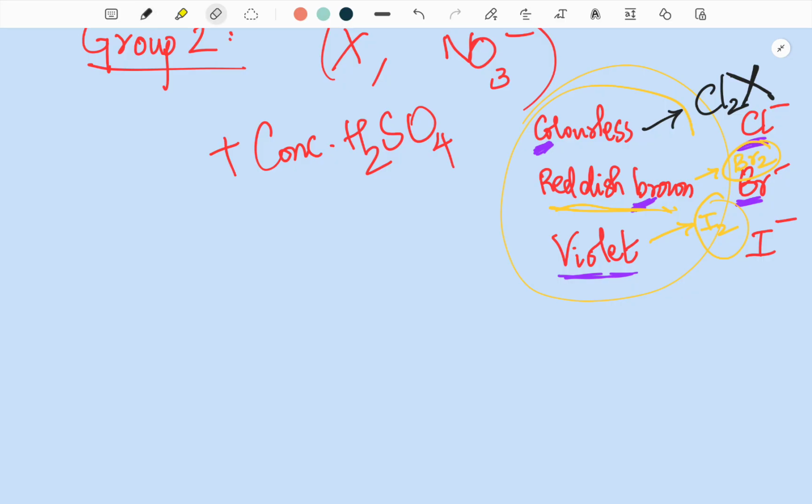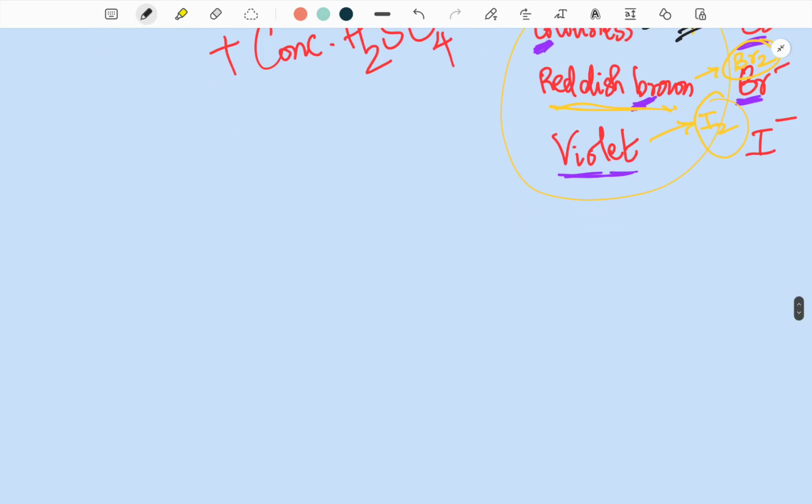The colorless gas you see for chloride is actually hydrogen chloride. HCl gas is being evolved. So this is very important, and in the Viva you may make mistakes, so please be careful. For chloride, the colorless gas evolved is HCl, but for bromide and iodide, the gases are bromine and iodine respectively.